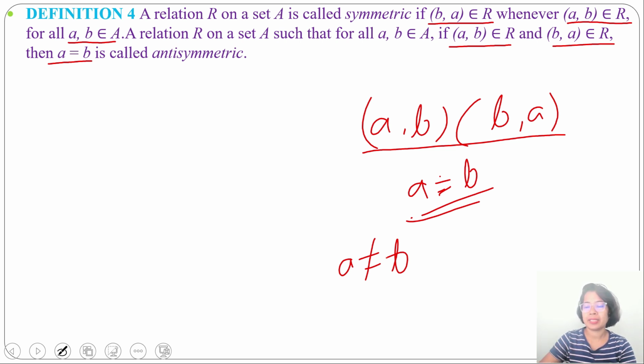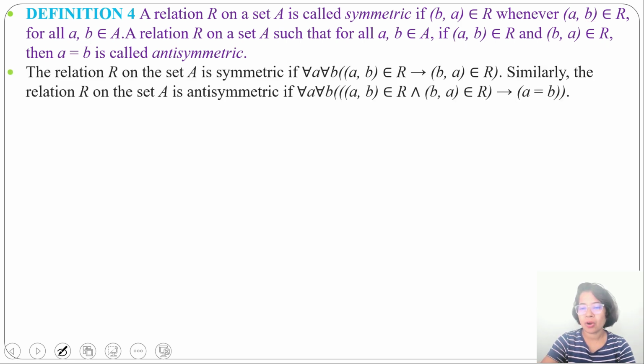That's about antisymmetric. In case of symmetric, if (a,b) belongs to the relation, then (b,a) must belong to the same relation. So we can say for all a, for all b, if (a,b) belongs to the relation, then (b,a) also belongs to the same relation. That's about symmetric.